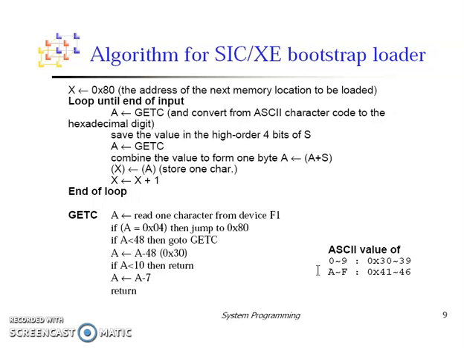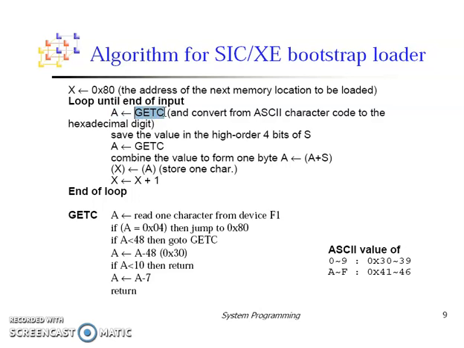So the algorithm for the SIC/XE bootstrap loader is like this. First, X is assigned the address 0x80, the memory location to which the program needs to be loaded. Then loop until the end of input: get a character and convert it from the ASCII character code to a hexadecimal digit.